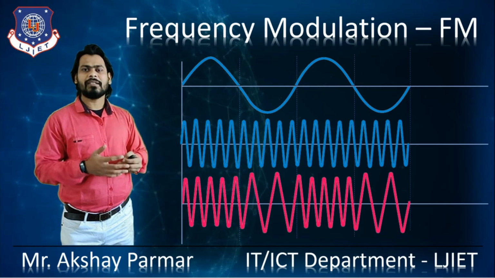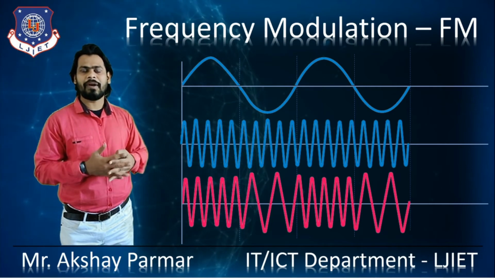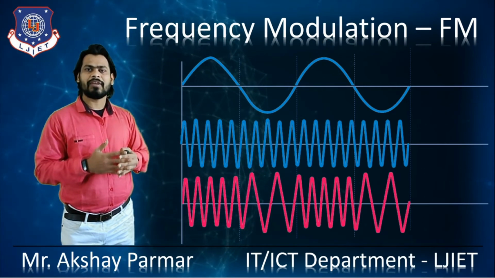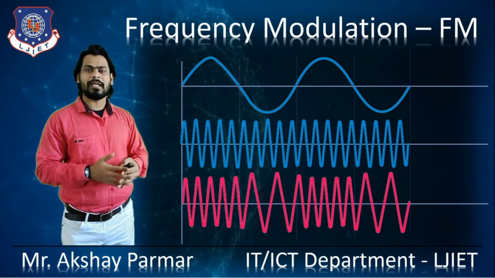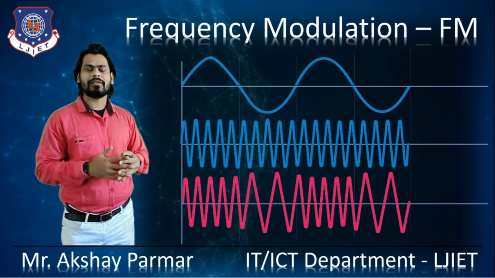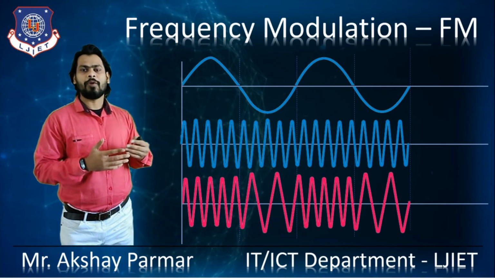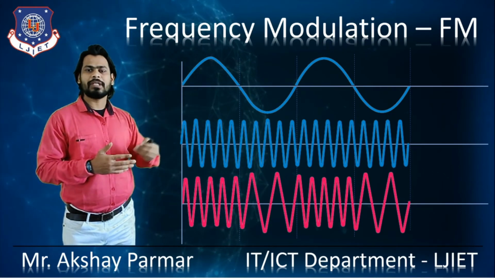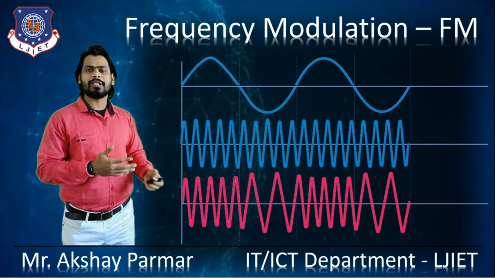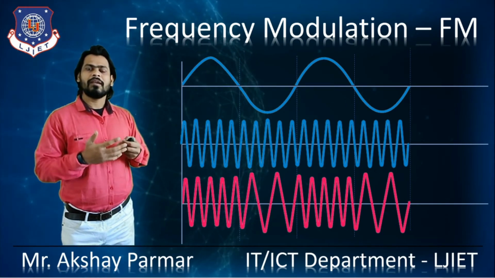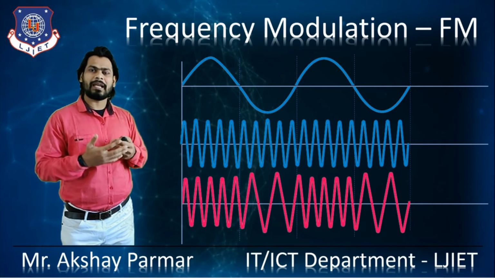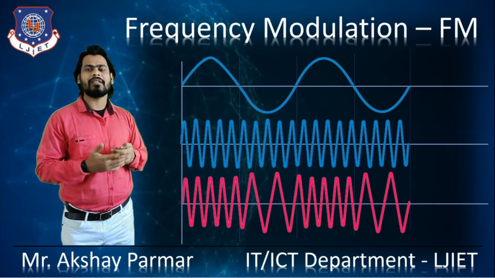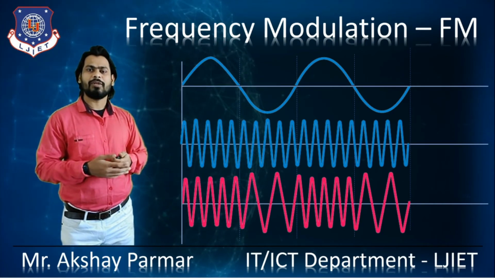Like that we have modified the characteristic of the frequency to modulate this signal. So that's how we are changing the carrier signal's frequency property with respect to this input signal, and we are getting the output signal. This is all about frequency modulation.